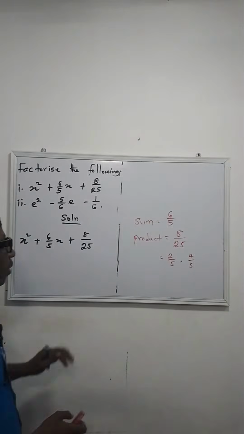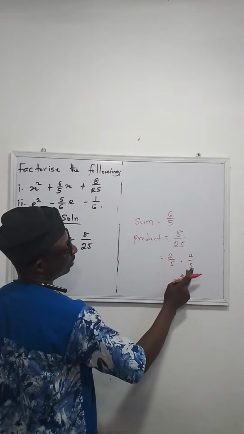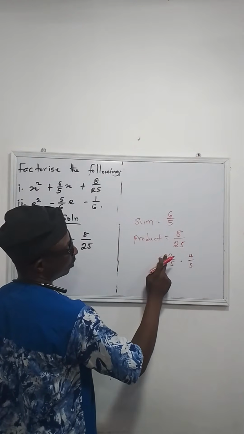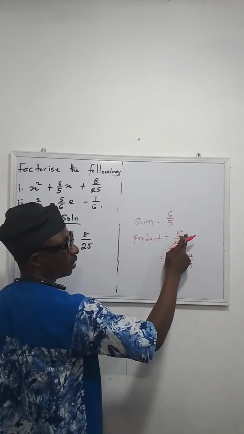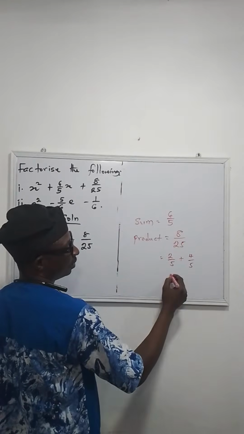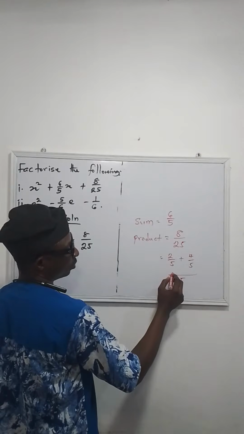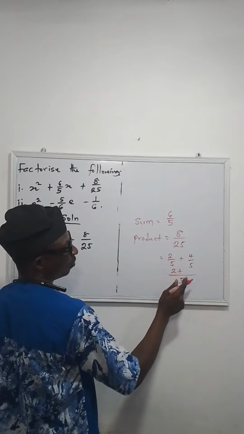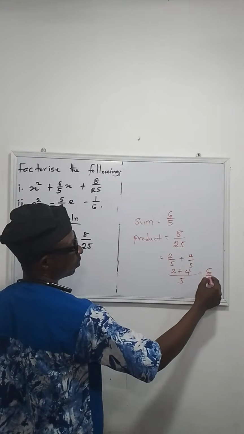All right, now when you look at these two numbers, when you multiply the denominators together, you have 25. Multiply 2 and 4 together, you have 8. And now, when you add together, let's add. The LCM is 5. So 5 goes in 5, 1 times 2, that's 2, plus 5 goes in 5, that is 1 times 4. So you have 6 over 5.